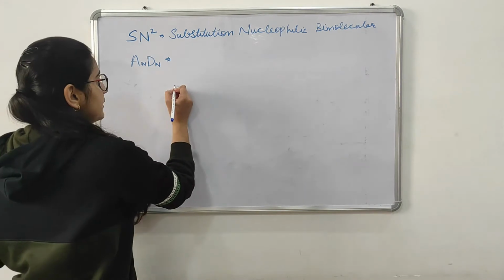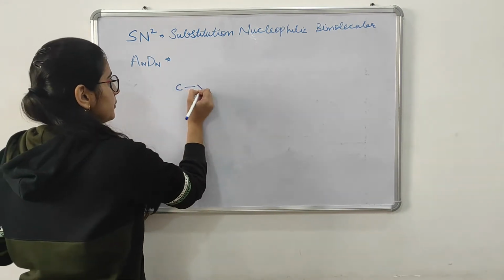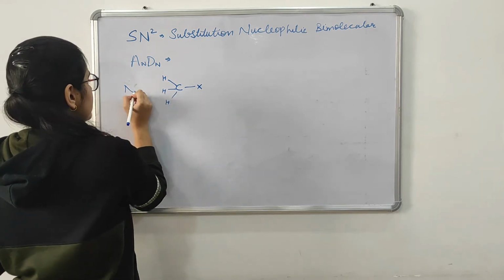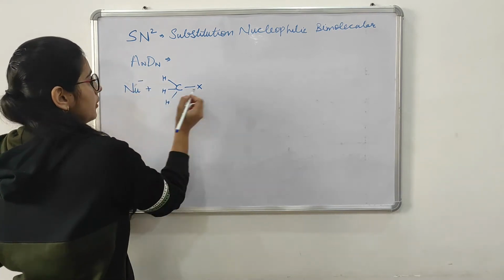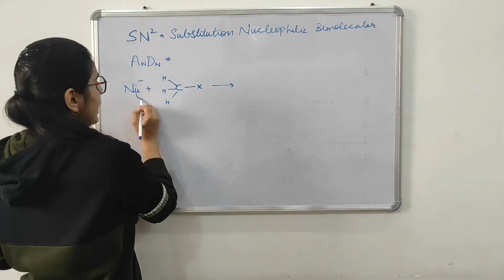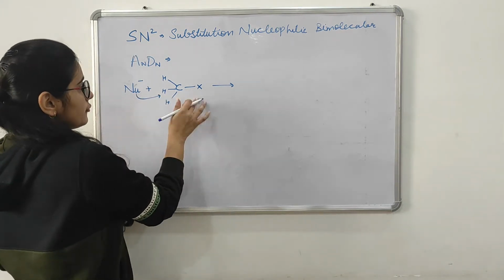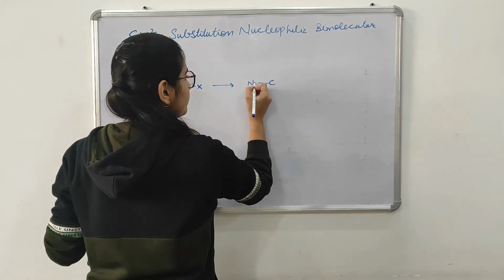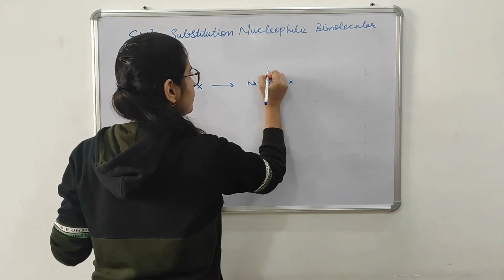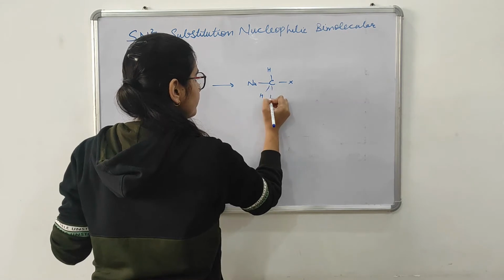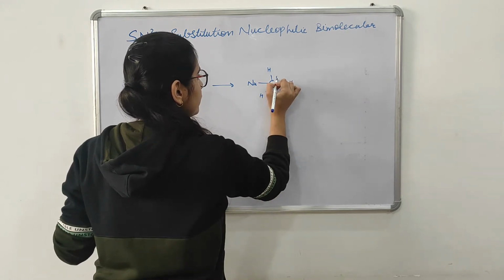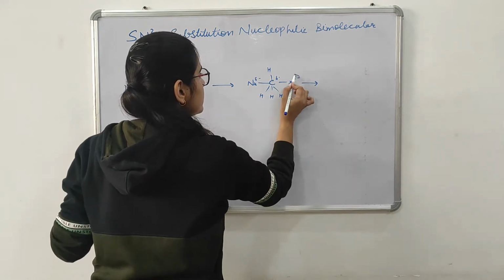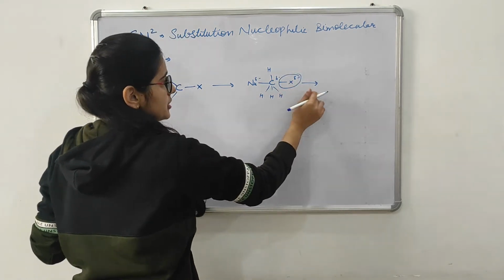Let us understand this with an example. Suppose we have this substrate and this is any nucleophile. So here this nucleophile will attack first from the back side, and this carbon will get a partial negative charge, and then this leaving group will dissociate away.